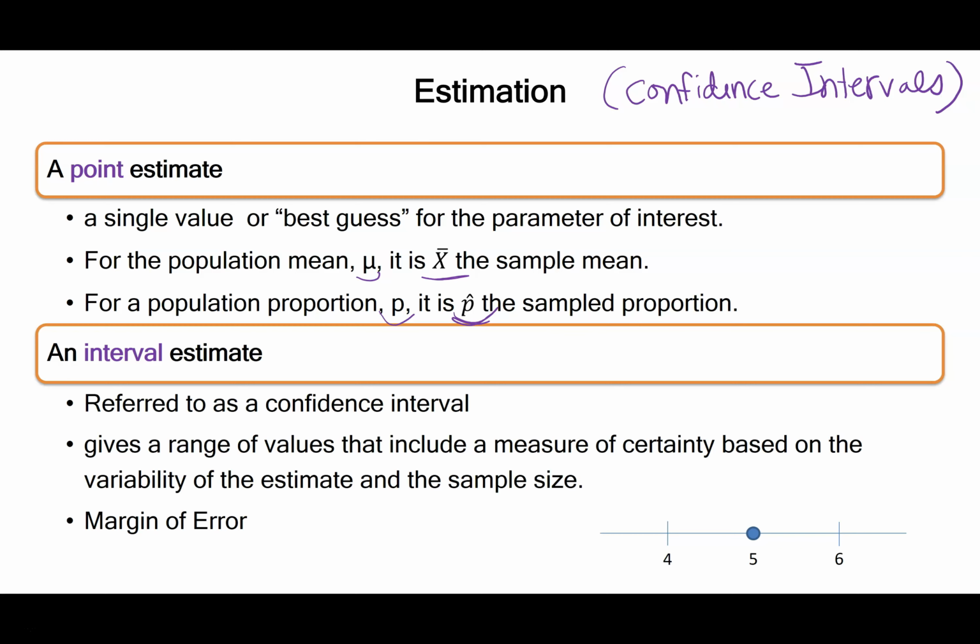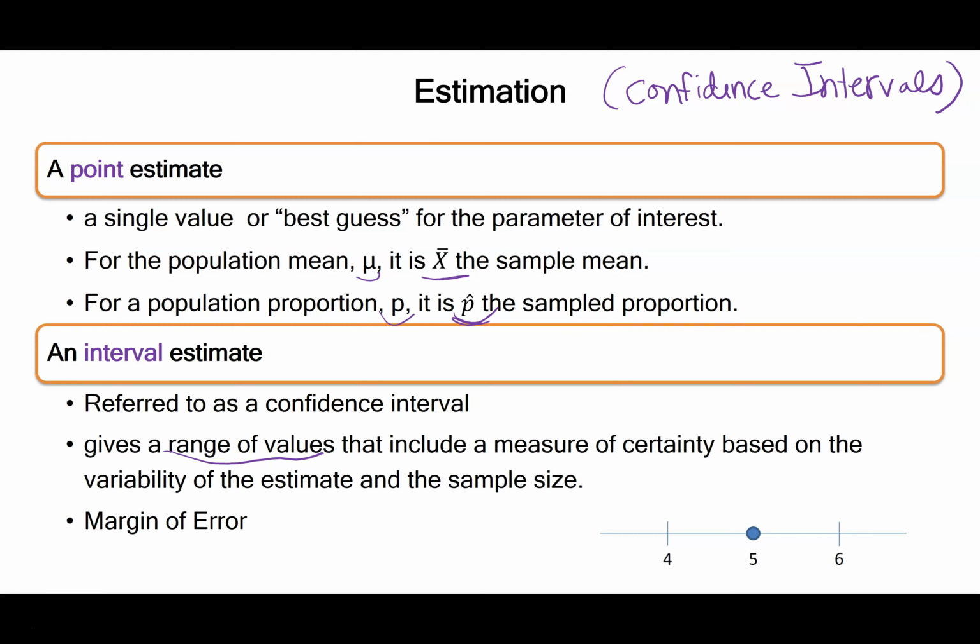So your interval estimate, this is the confidence interval, so from smaller value to bigger value. It gives a range of values. And one way to think about this is so much more useful than if somebody were to say, hey, what is the average test score out of 100? And you took a sample of 5 students and got an average of 78. Well, 78 as a guess by itself is right or wrong. And it's probably wrong a lot of the time.